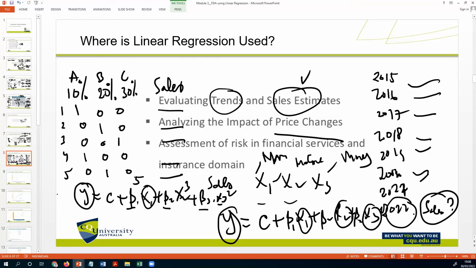If you increase 30% towards 100 products, and then increase 20 products with 20%, what is the impact on sales? This can be done in linear regression.